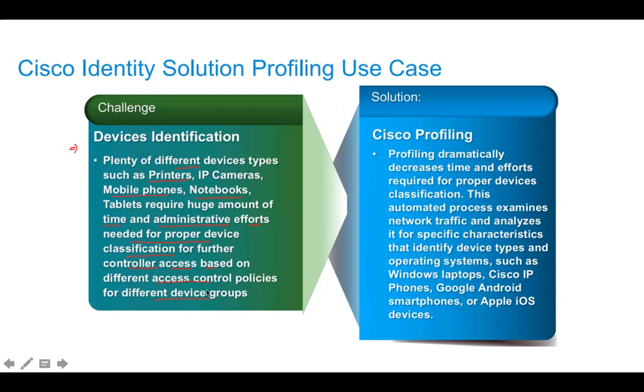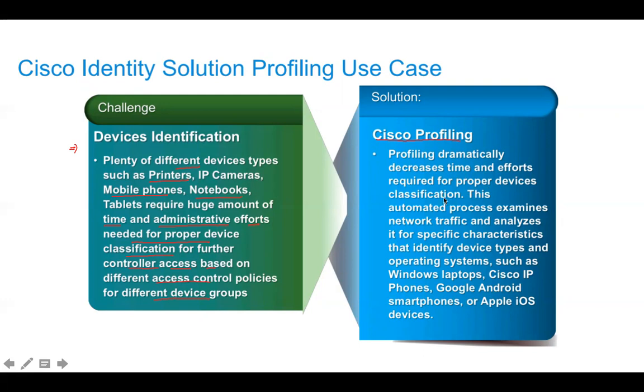So what is happening basically is, ICE gives you a solution for that. What solution does it give? Cisco ICE profiling. Profiling dramatically decreases the time and the effort required for proper device classification.